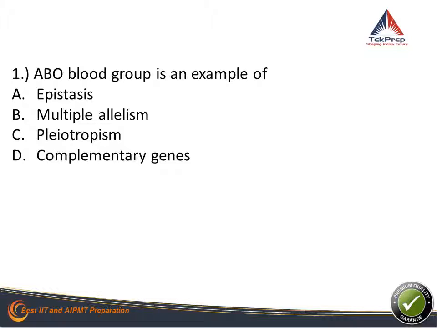Okay, and let's look at the second option, which is multiple allelism. What is multiple allelism? A class of multiple alleles with different DNA sequences that produce proteins with identical properties.